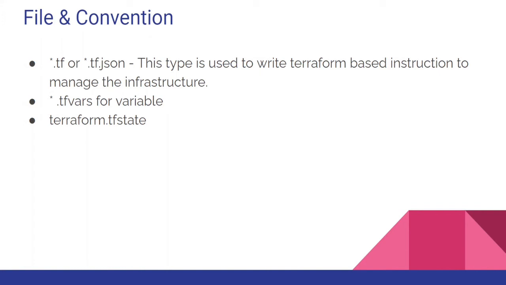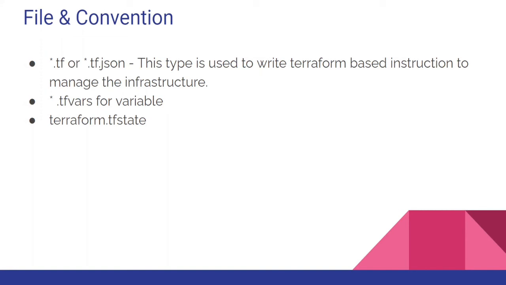There are three types of extensions we use. Star.tf or star.tf.json is used to write your configuration, basically the blocks we are talking about: the resource block, the data block, the variable block, or the output block.